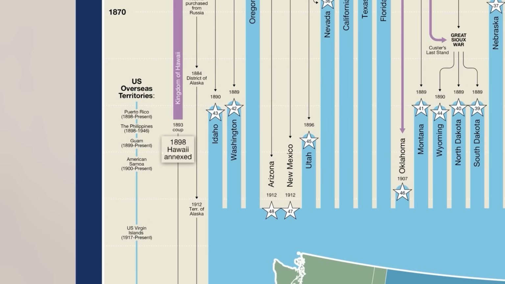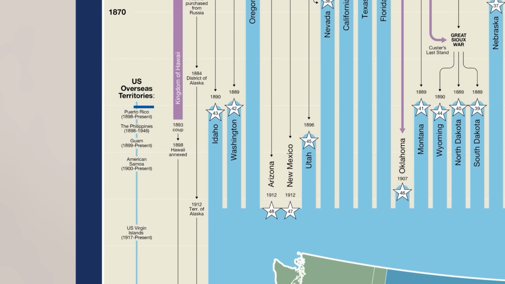Now, to this day, in addition to its 50 states, the US still has several territories, all located off of the continent. The most important of these, because of its substantial population, is Puerto Rico in the Caribbean. It was acquired in 1898 at the end of the Spanish-American War, but has ever since remained a territory, even though there is occasionally talk of it obtaining statehood.